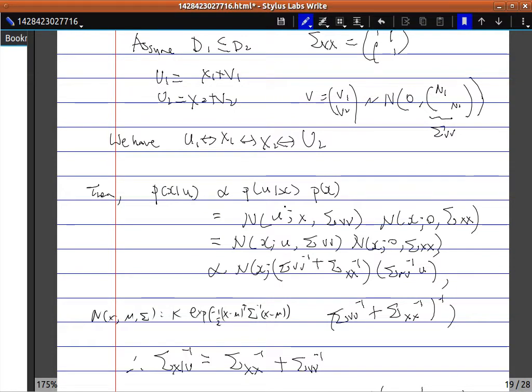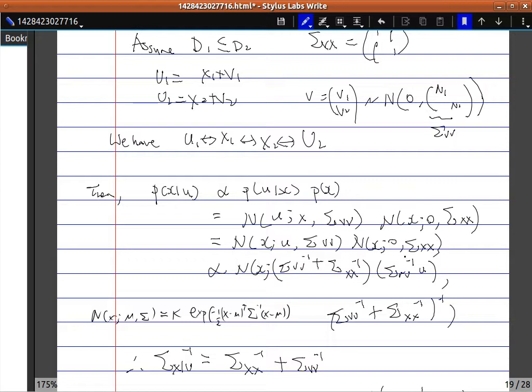And of course, this PDF here is just a Gaussian PDF. It has a form like this, and you can see that X and mu commute. You can swap X and mu and nothing changes. So therefore, this is also equal to N of x, mu, sigma VB.